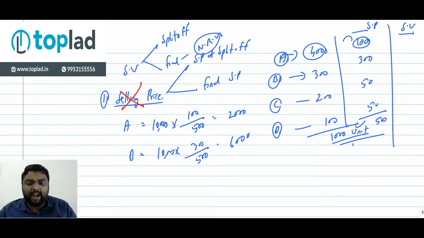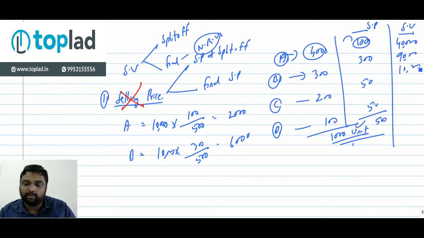Are you ready? So how to do it for split off? 400 into 100, we will get 40,000. Here 300 into 3 gives 90,000.